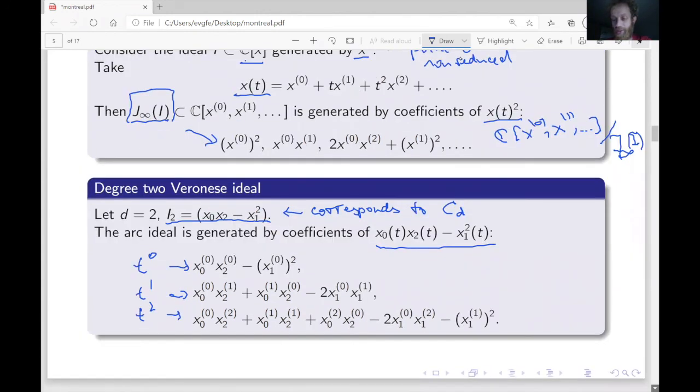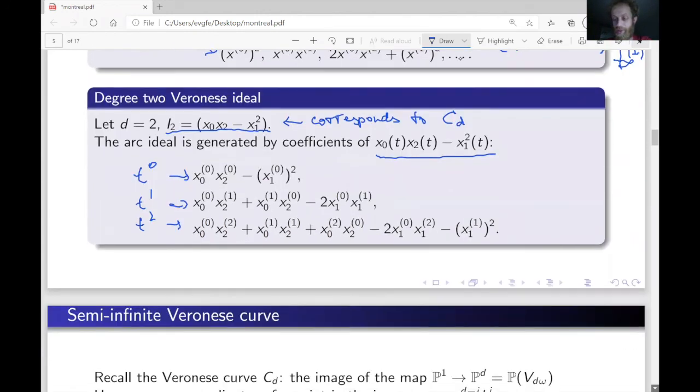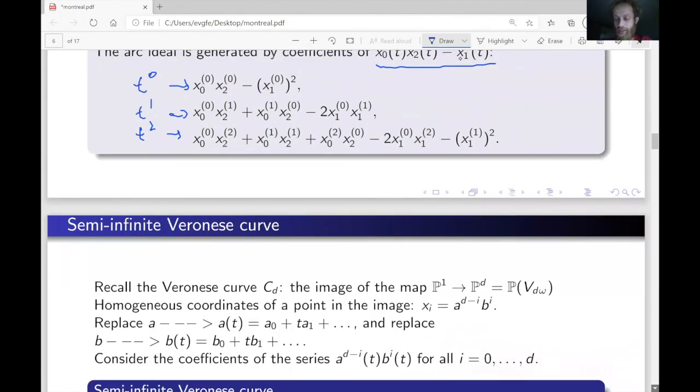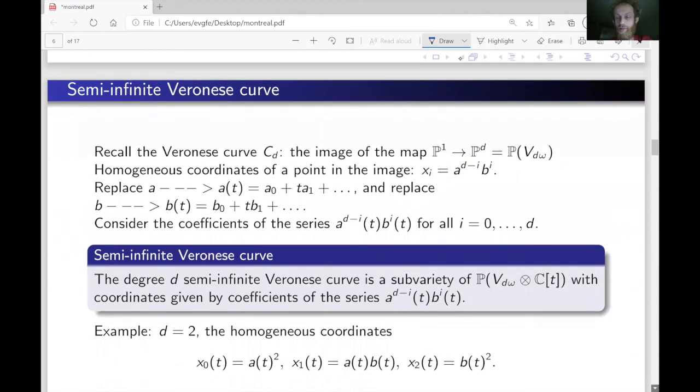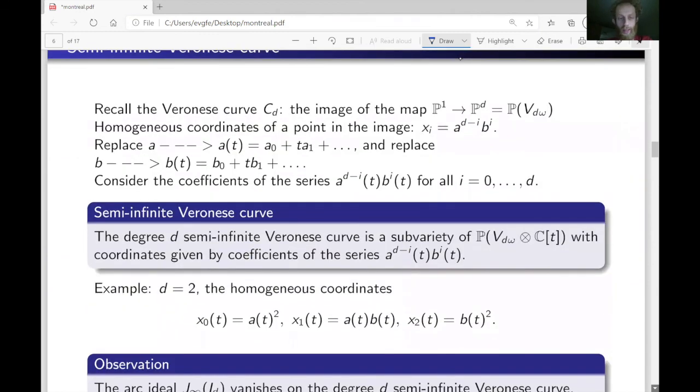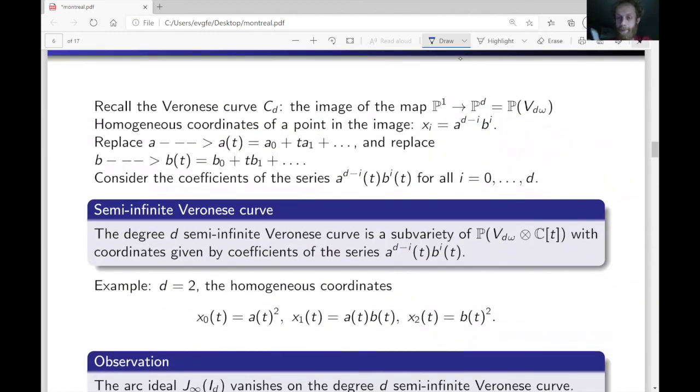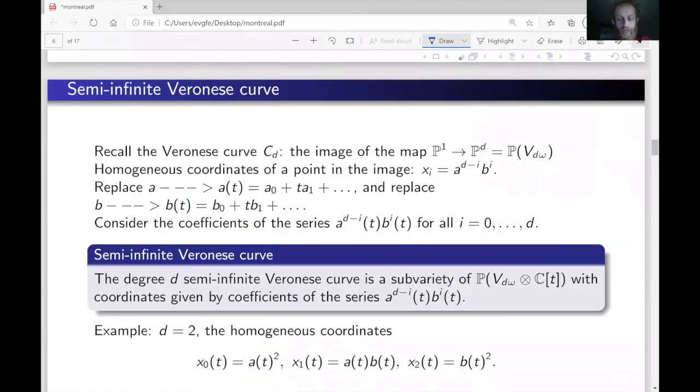So these are the examples and the definition of the arc schemes. Any questions so far? If not, let's go further.